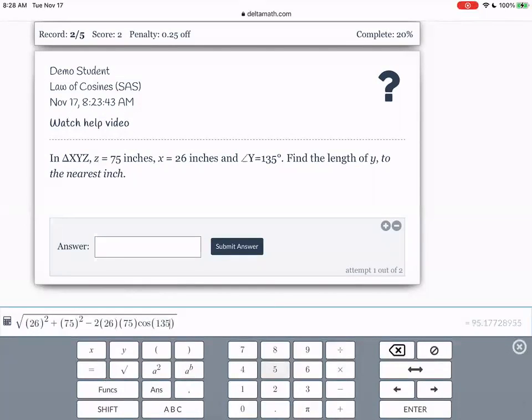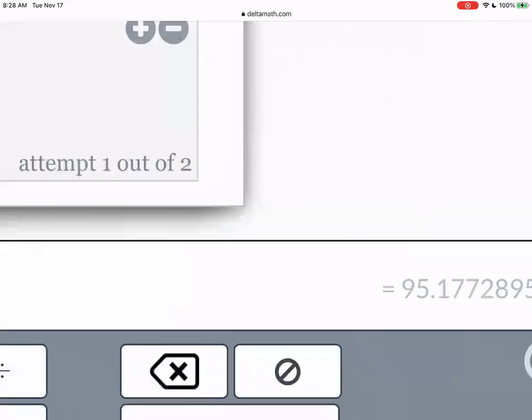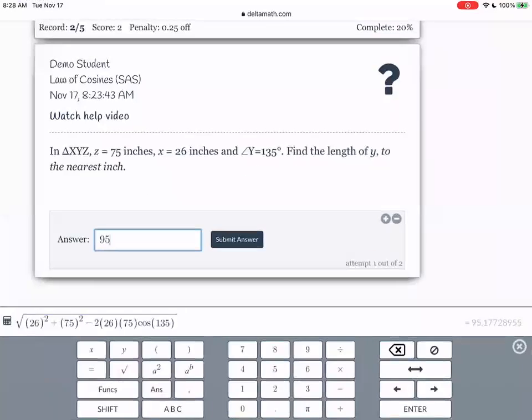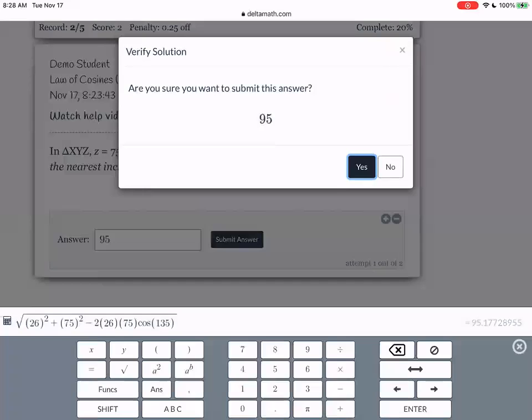Just making sure I typed it correctly. Okay, cool. And we get 95.17, and we want to round it to the nearest inch. So that's just 95, and I'm going to submit that answer.